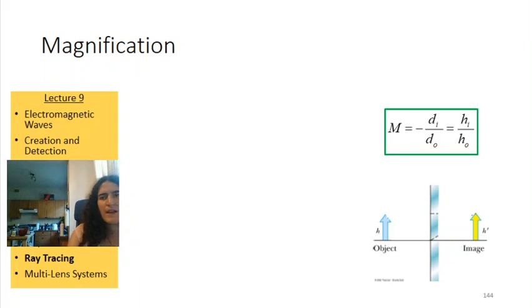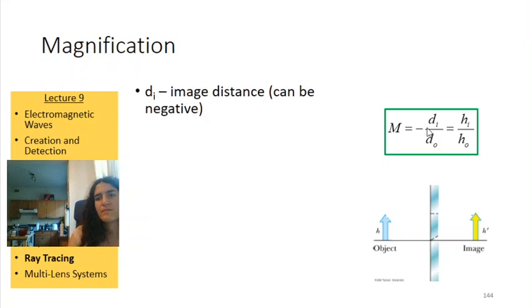Okay, here is the magnification equation. So this is really interesting. It tells you that the ratio of the image distance to the object distance is actually equal to the ratio of the image height to the object height.